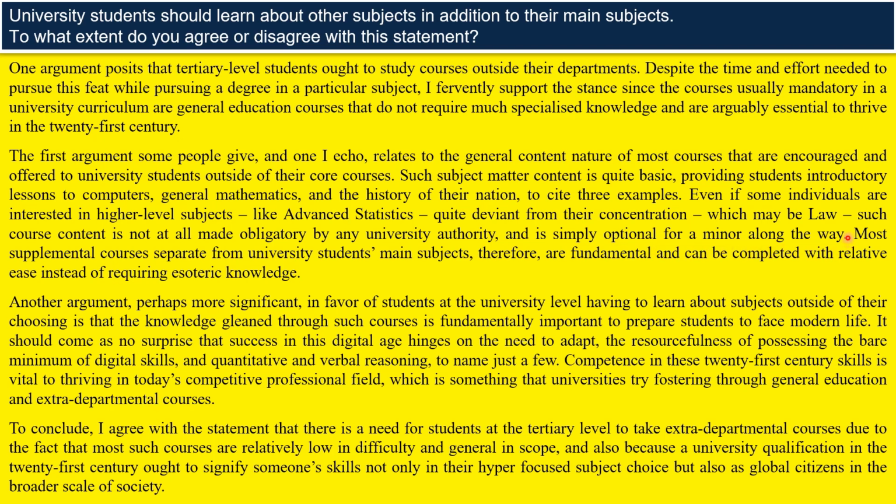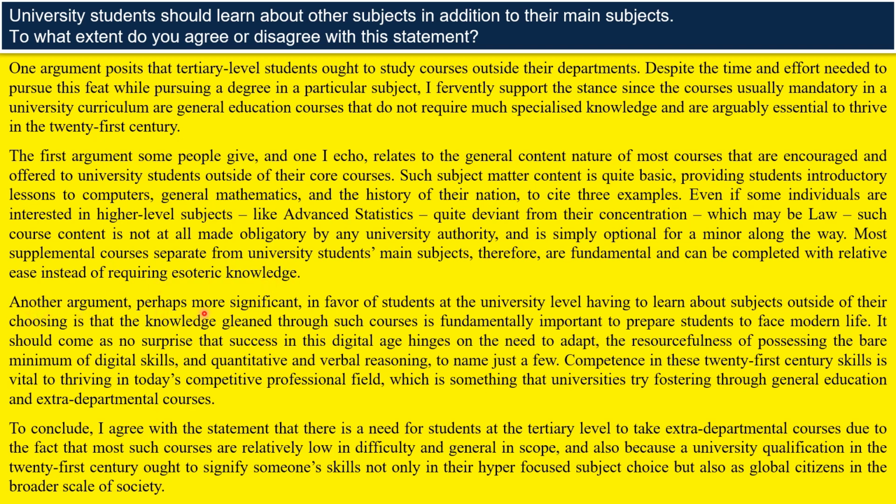So if some people want to pursue courses outside of their department such as advanced statistics, they can do so, but it is not mandatory. It is simply a way for someone to get a minor. Most supplemental courses separate from university students' main subjects, therefore are fundamental and can be completed with relative ease instead of requiring esoteric, which means specialized knowledge.